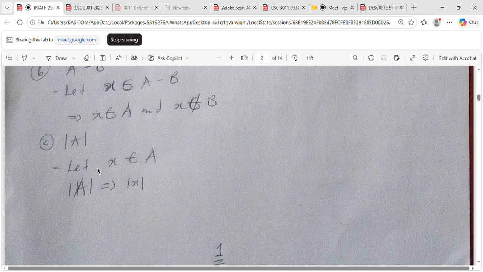We were doing this while at school. We are saying, let A be a non-empty set. It means it has at least some element. So we are saying X is a member of that, and cardinality of this is basically that very X.